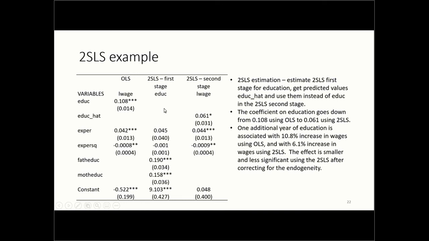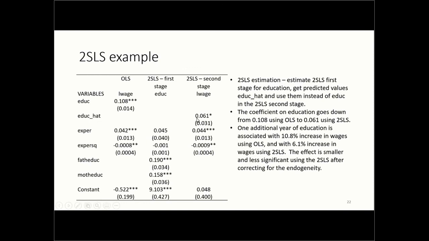Then in the second stage, we replace education with education hat, along with the original variables for experience and experience square. If we look at this coefficient, we interpret it as: each additional year in education brings a 6.1% increase in wages. This is using the two-stage least squares approach.